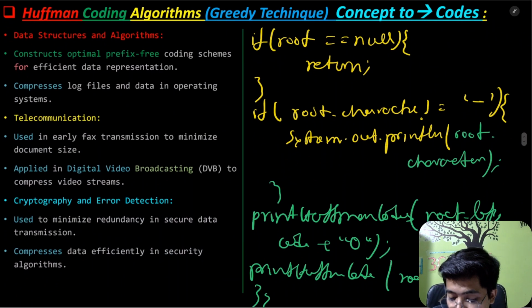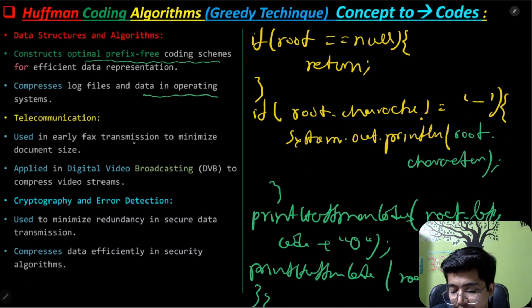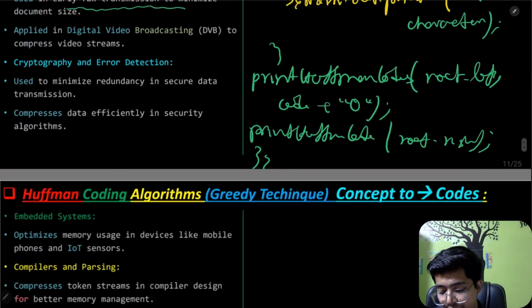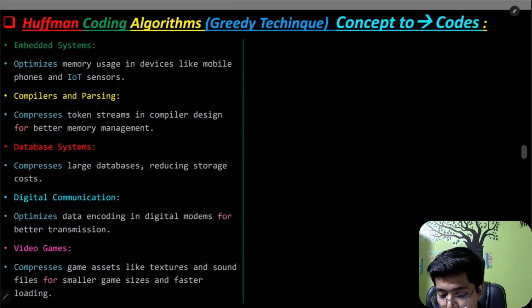In data structures, it constructs optimal prefix-free coding schemes, optimized for efficient data representation, and compresses log files and data in operating systems. In telecommunication, it was used in early fax transmission to minimize documents. It also optimizes memory usage in compilers. So there are a lot of uses of the Huffman coding algorithm.